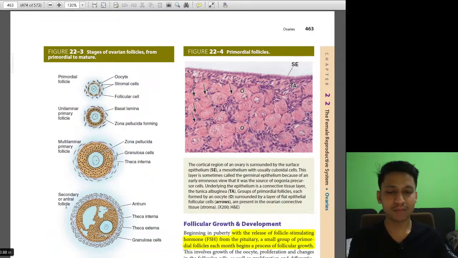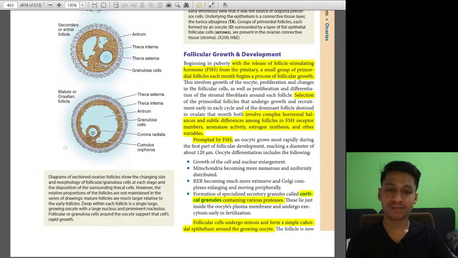In figure 22.3, in the unilamellar primary follicle, we have started formation of the zona pellucida, this thin membrane around the follicular cells. But now we have a zona pellucida properly developed in the multilamellar primary follicle.